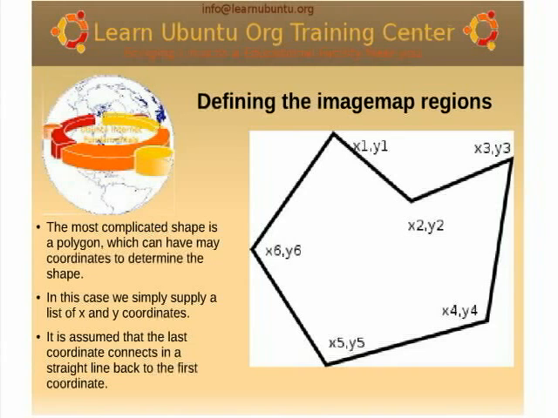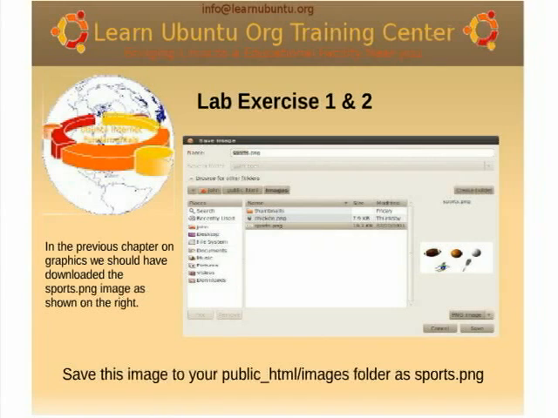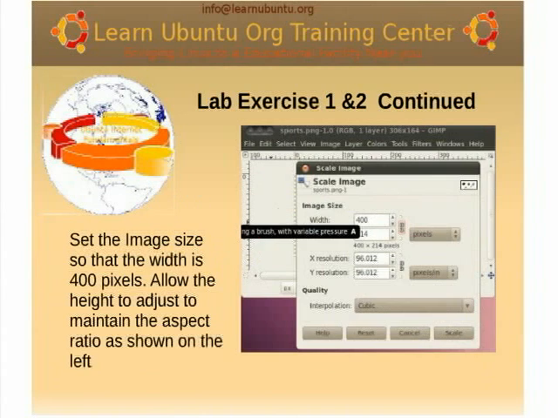In lab exercises 1 and 2, we take our image and make sure it's in the right location on our web server. Remember, we moved this to the public_html/images folder in the little web server we're working with. And we're going to size it to be 400 pixels wide. I'm not going to tell you why again, we just said that twice already.